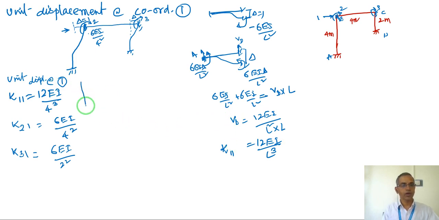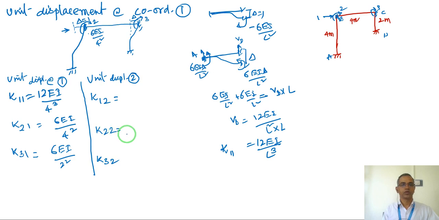Let us look at what will be the effect due to unit displacement at coordinate 2. I will have to write down K12, K22, K32. K12 is also equal to K21, so I can directly write 6 EI by 4 square.